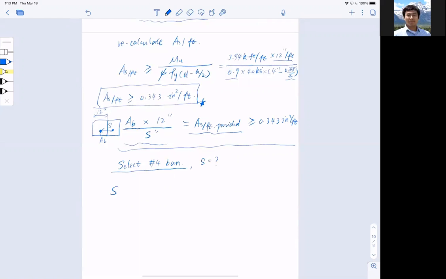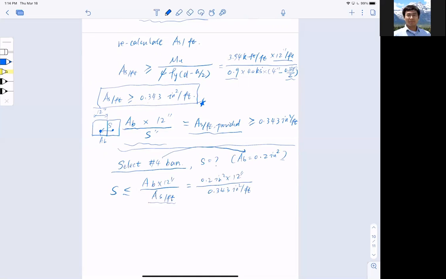So spacing should be smaller than or equal to Ab multiplied by 12 divided by As per foot. Ab for number 4 is 0.2 inch squared. So this is 0.2 inch squared multiplied by 12 inches, divided by As per foot, which is 0.343 inch squared per foot.